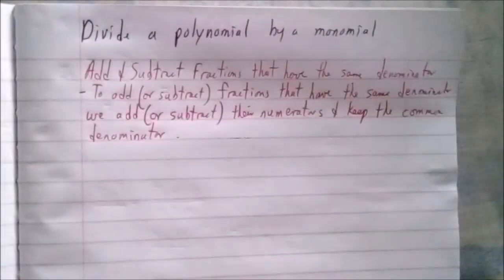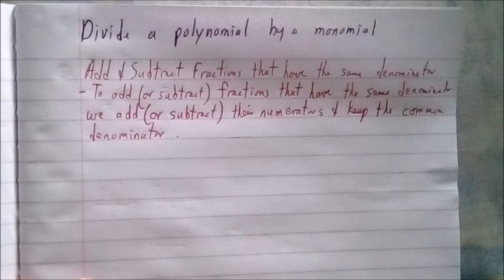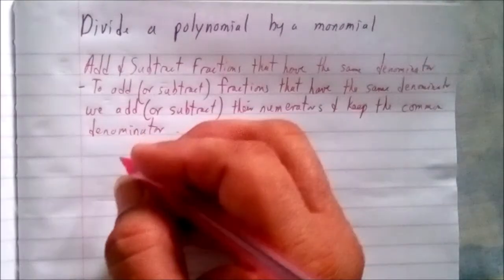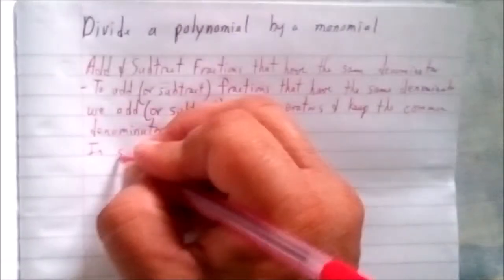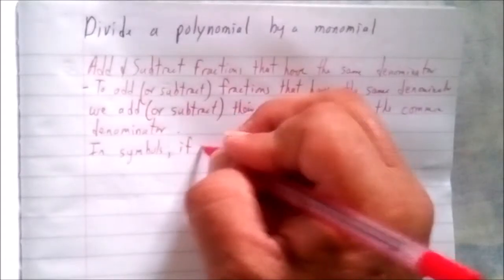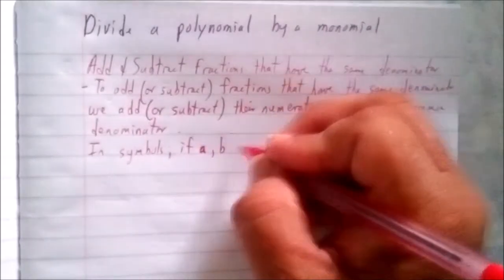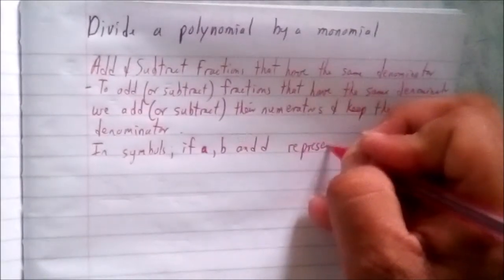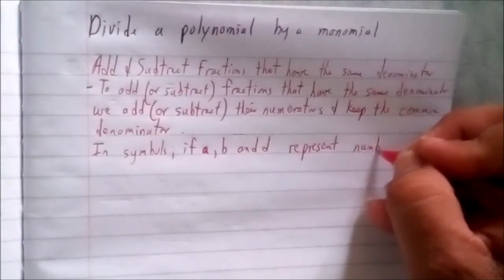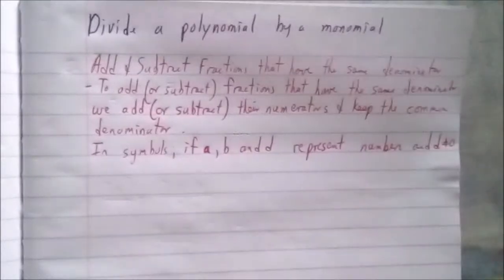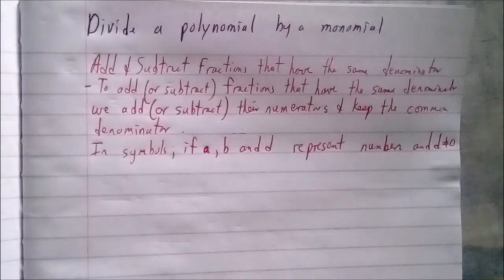Now in symbols, in general, if a, b and d represent numbers and d is not equal to 0, which is one of the key points, then this is what happens.